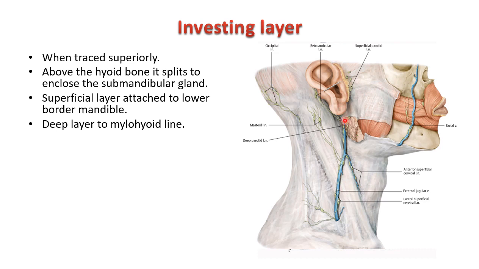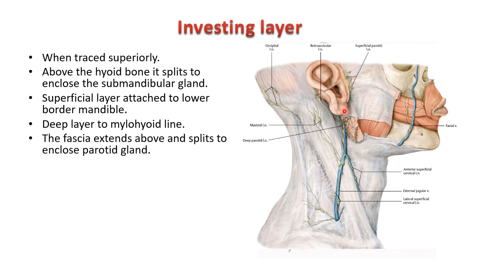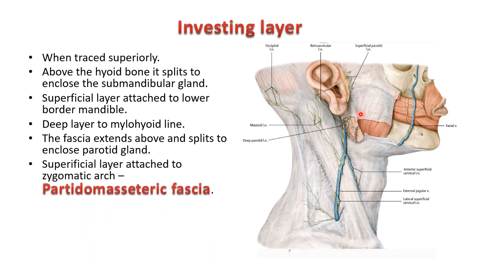This superior layer, which passes on top of the parotid gland, is also continuous above the masseter and fuses with the epimysium of the masseter. So this is a very tough fascia forming the parotidomasseteric fascia. It splits, with the superficial layer attaching to the zygomatic arch.